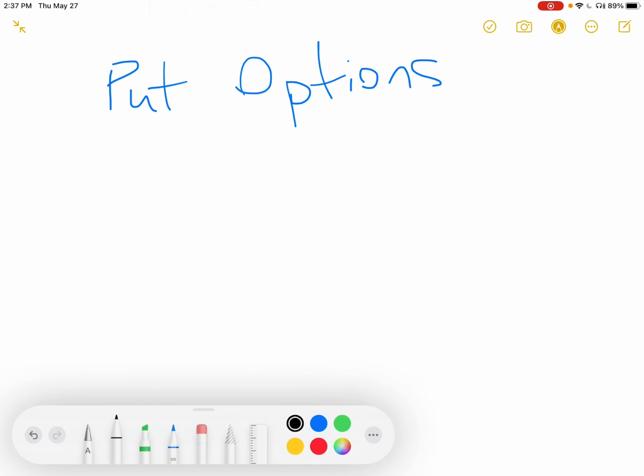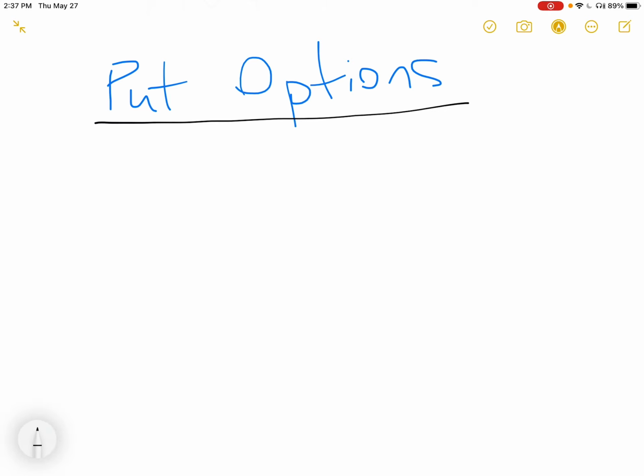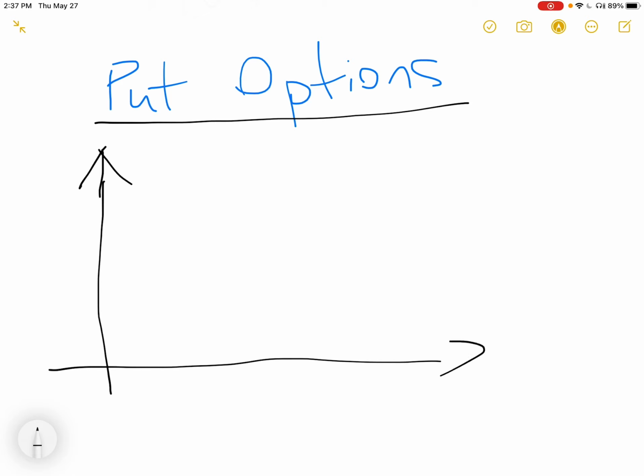So same logic. When you buy a put option, at the expiry, given your exercise price, you get to exercise your option if it reaches your exercise price. So in a put option, you are bearish about the company.